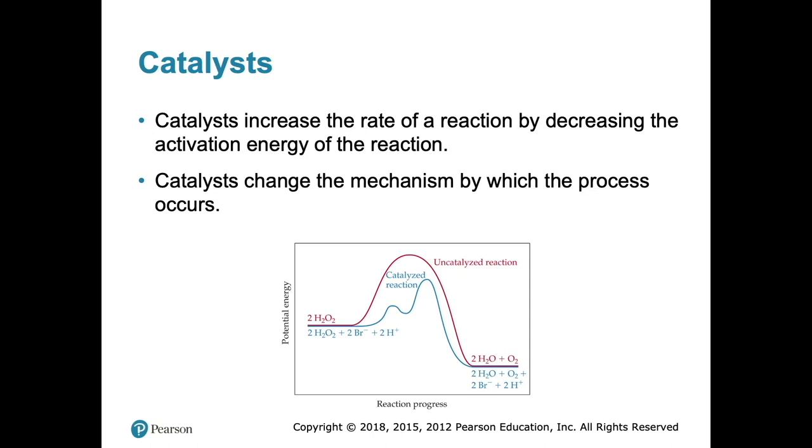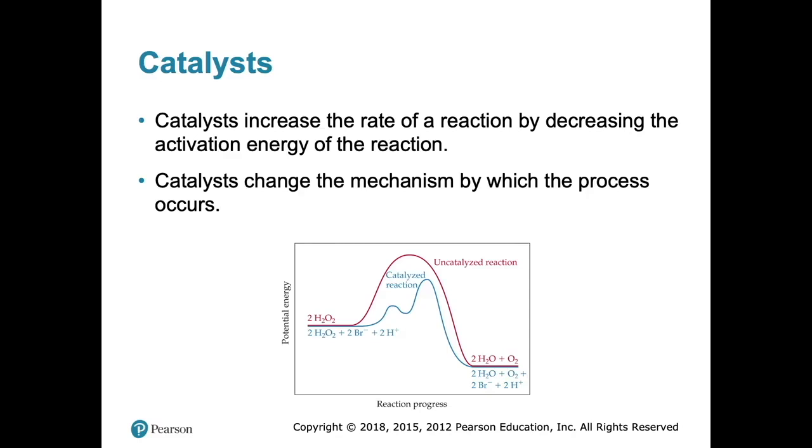It's got this super high activation energy, but again, this is an exothermic process. So when it gets down here, it's actually lower energy because obviously water and oxygen are lower energy than hydrogen peroxide. But when you have an enzyme or a catalyst in there, it can actually make the reaction go much faster, because it lowers the activation energy. Okay, it lowers the activation energy.